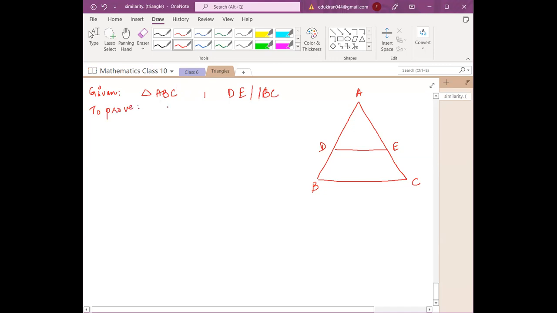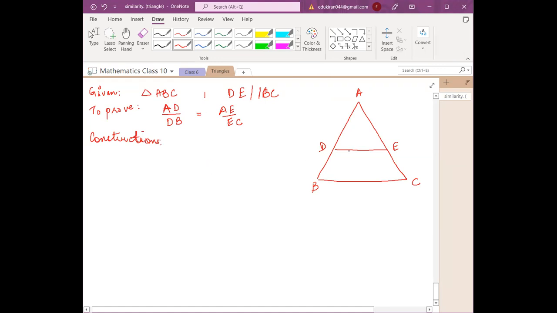To prove that AD upon DB is equal to AE upon EC. So please see in the figure what is AD, what is DB, what is AE, what is EC. Okay, we will do some construction here because I want to use some property of triangles and I am not able to see many triangles in this figure.